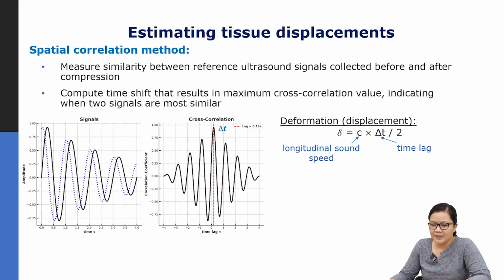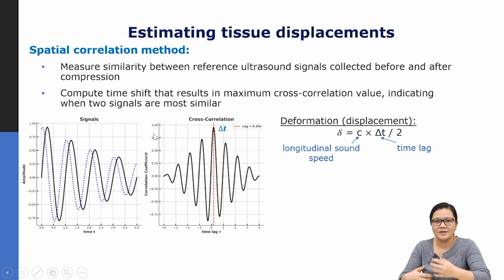So for example, here on the left, we see the black curve. This is amplitude as a function of time. The black curve corresponds to the post-compression signal, and the blue dotted is the pre-compression signal. You can see that there is some sort of shift in the signal over time.